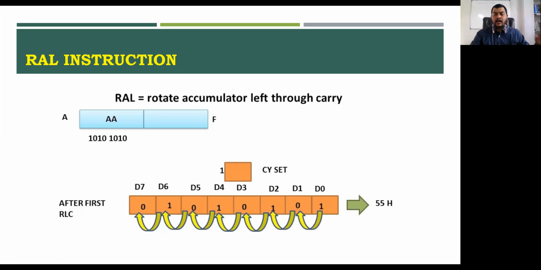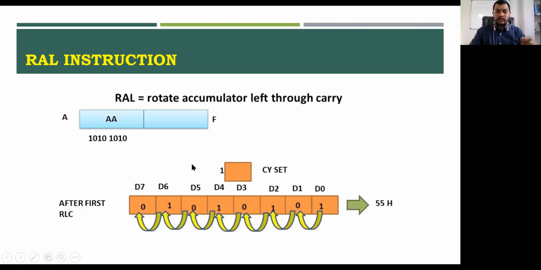The bit shifted out, this 0 or this 1, is going to shift into the carry flag. So this is how it happens. After the first RAL, the data of the accumulator is shifted to the left, therefore it is called rotate accumulator left.